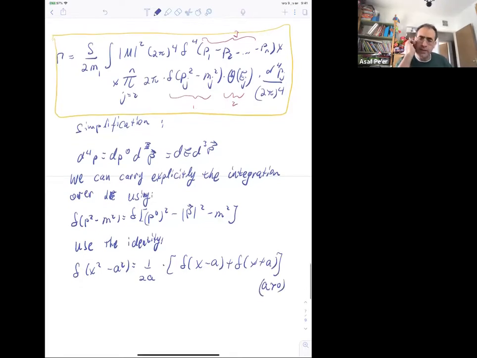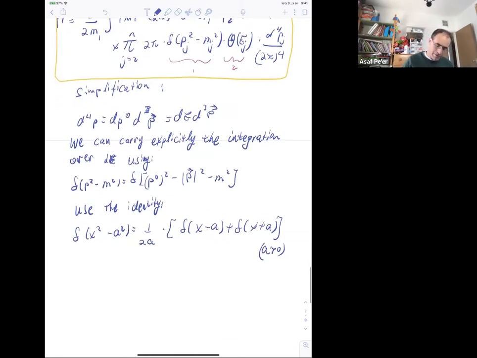So again, this is a mathematical identity of a delta function. Open your favorite mathematical handbook text and you'll find it there. And then we have this multiplication of delta times theta. So we have theta of ej. So ej is just p0. I'm omitting for the calculation the j index, right?